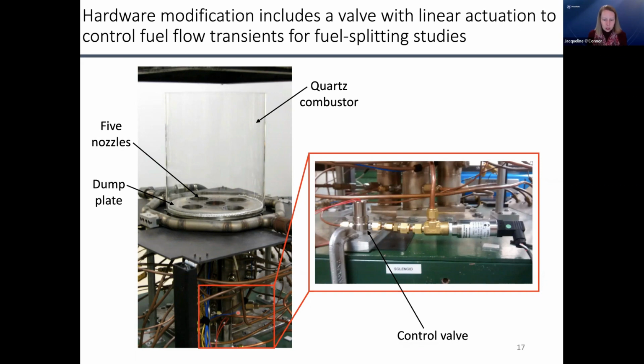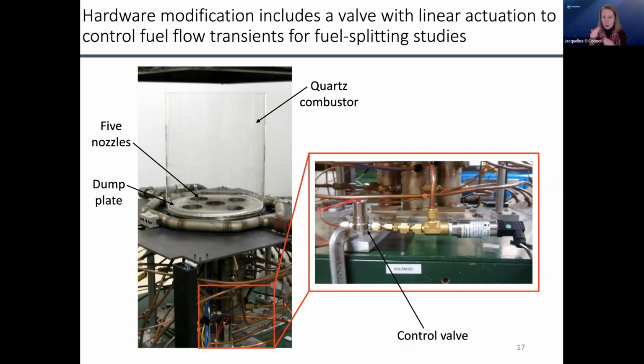So this experiment was originally built by my predecessor at Penn State, Dom Santafica, and I inherited it when he retired. And so I'm extraordinarily grateful for that. One of the things that we did in this experiment was we added a solenoid control valve to different fuel circuits, so we could change, as we were doing the experiment, the amount of fuel in a given nozzle.